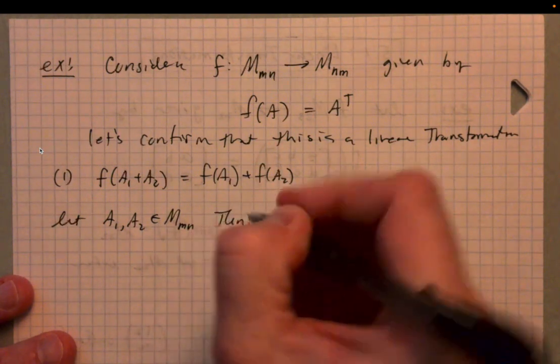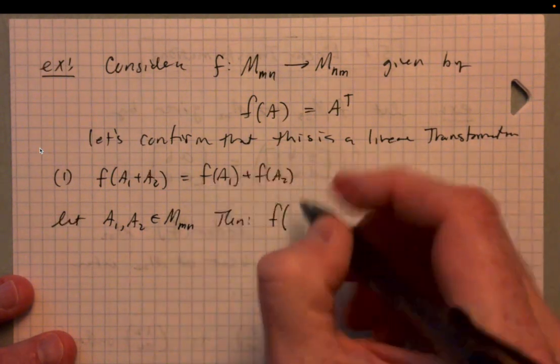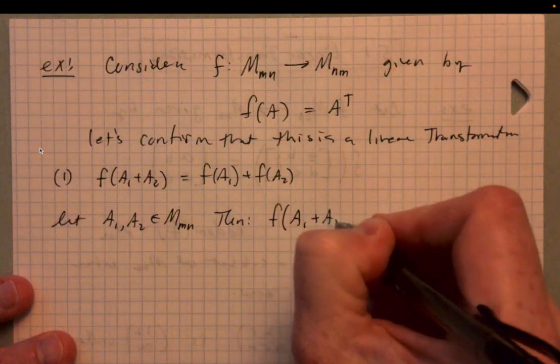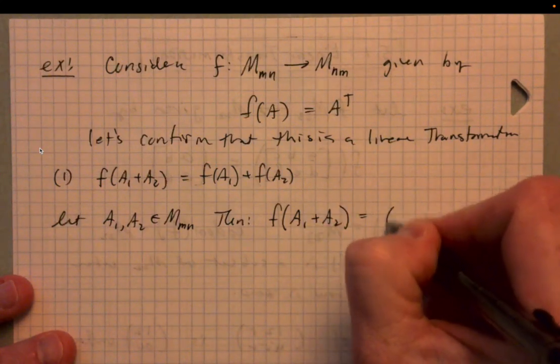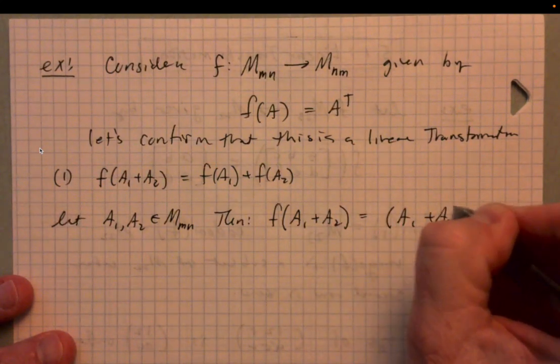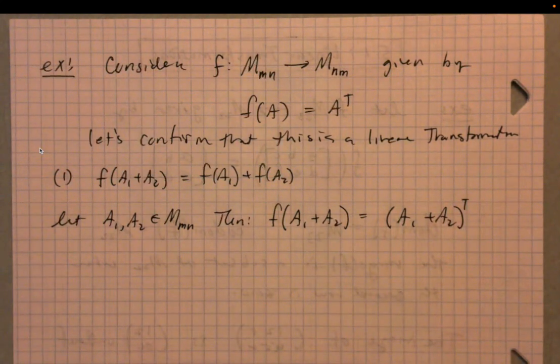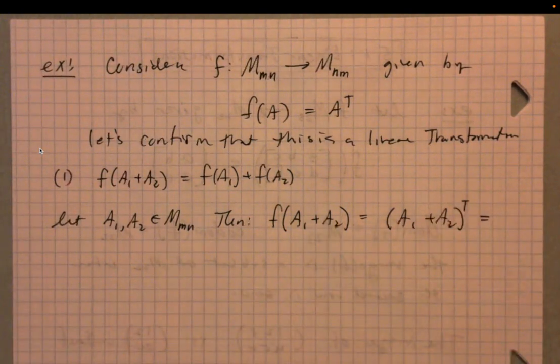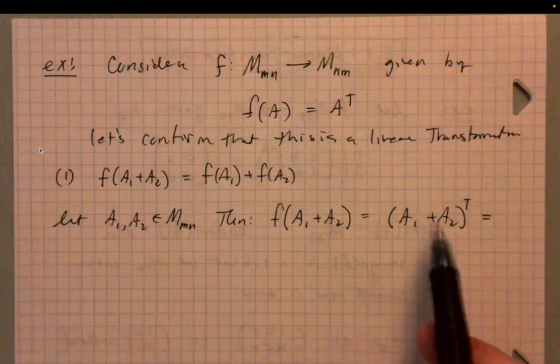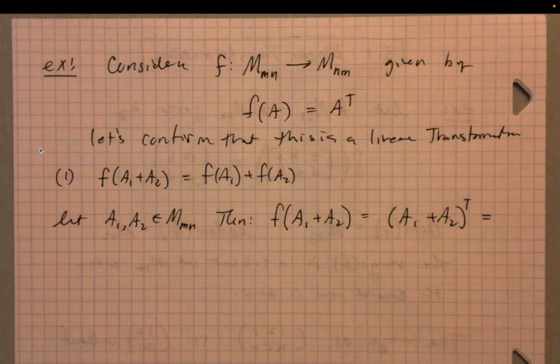Then we can apply F to them. Basically it's (A1 plus A2) transpose. We've seen this when we talked about the transposition of a matrix, early in section 1, probably lecture 3 or 4.